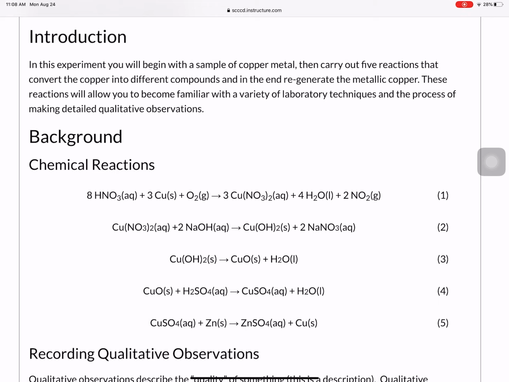We're going to get a little practice, at least watching some techniques, and it gives you a lot of opportunity for making observations. That's the big thrust of this experiment, learning how to make observations. Qualitative observations do not involve numbers, they involve qualities of things, so colors, etc.